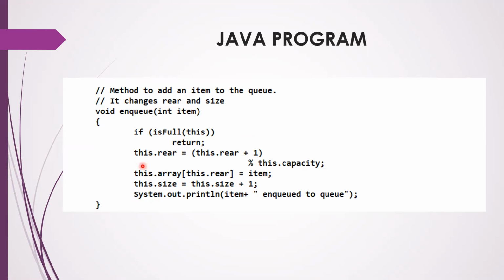Or else, this dot rear, that rear pointer which you're currently pointing to, in this dot rear you have to do one operation: this dot rear plus 1 percentage this dot capacity. This percentage, or you can call it modulus, gives you the remainder.